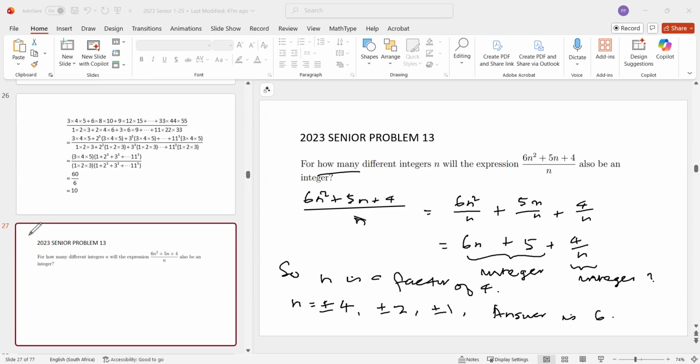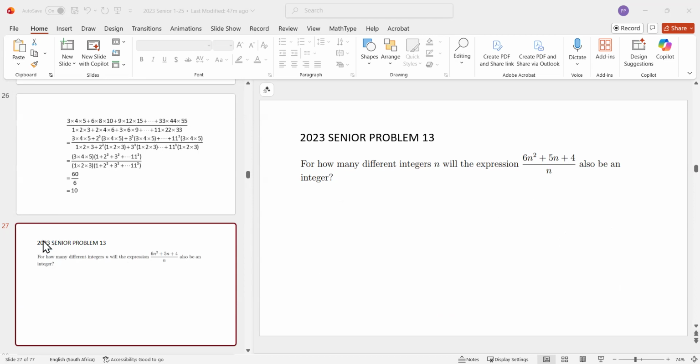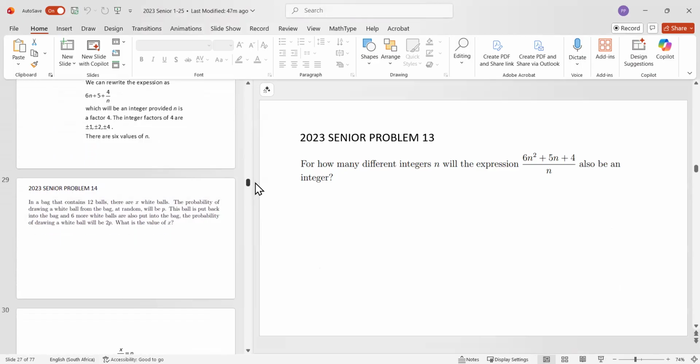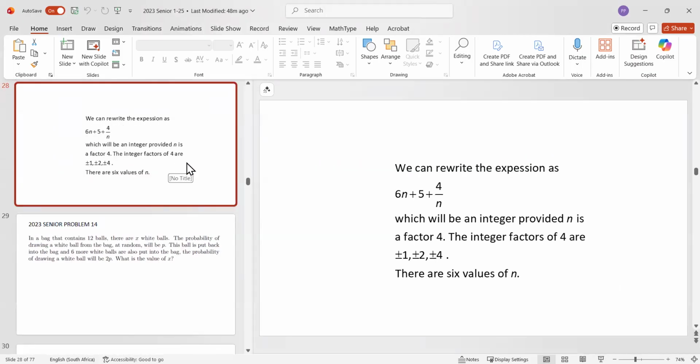So that takes care of that problem. If you look at the solution which I've given you, you can see here at the bottom the answer is 6 values.